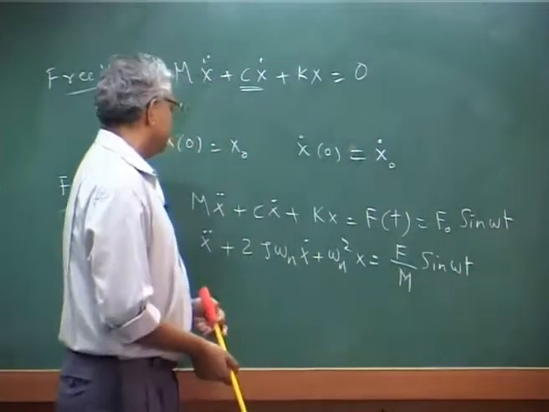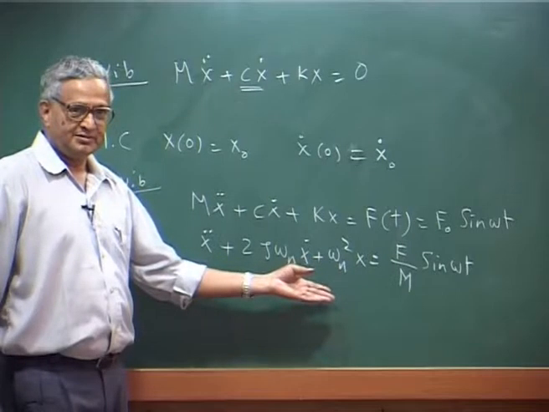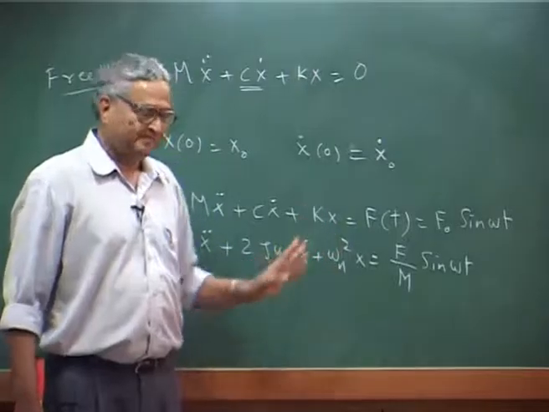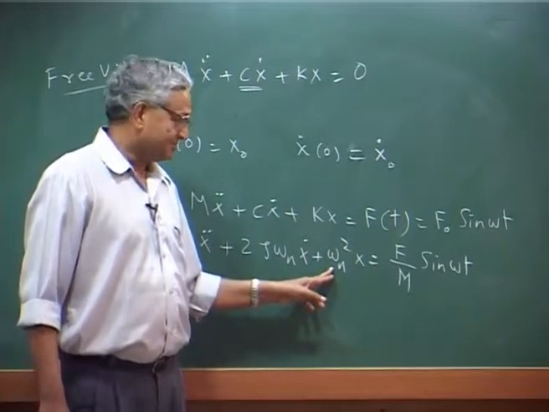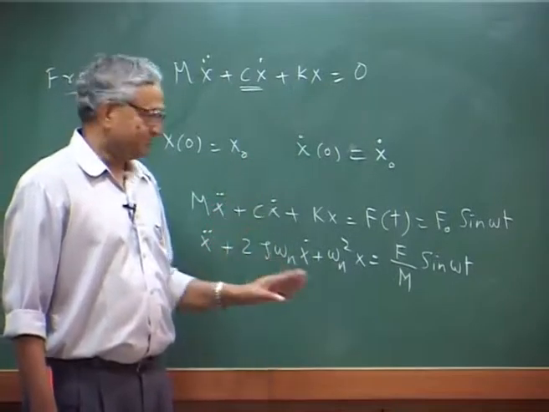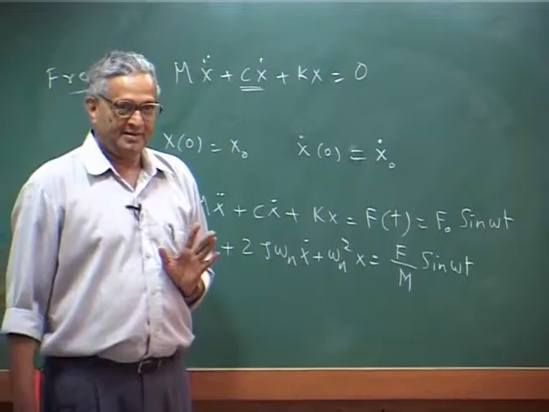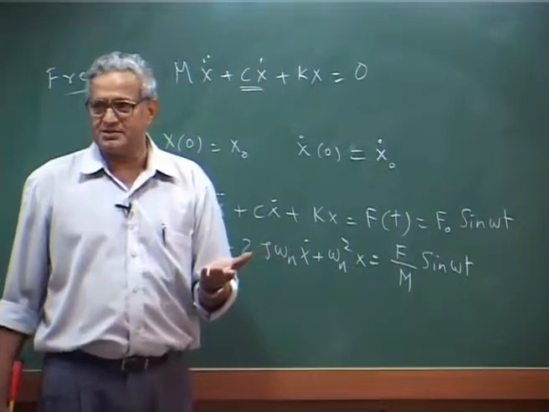You may call this f naught. This frequency is the natural frequency of the system, root of k over m. This is the input frequency. If these two are equal, that is what you call resonance.